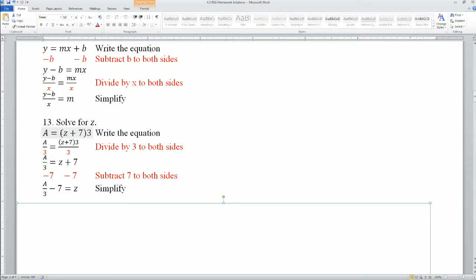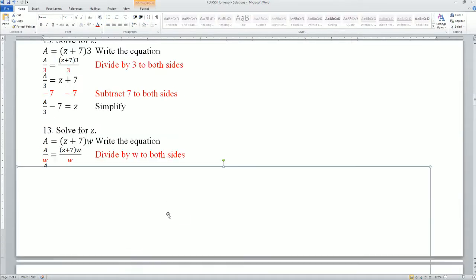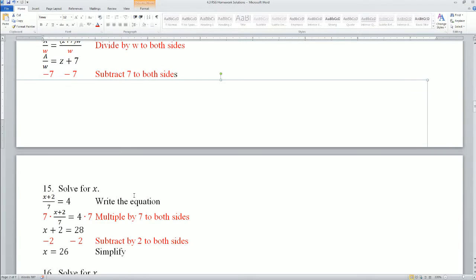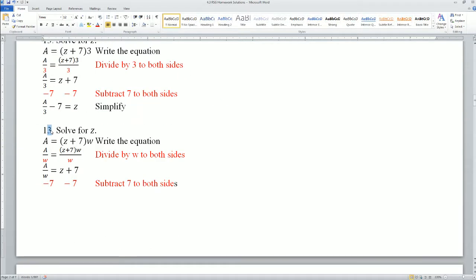Number 13. A equals 2 parentheses z plus 7 close the parentheses times 3. That's the equation. So divide both sides by 3. Then subtract 7 from both sides. That's what you've got to do to get z alone. So it is A divided by 3 minus 7 is equal to z. I think this should be 14.